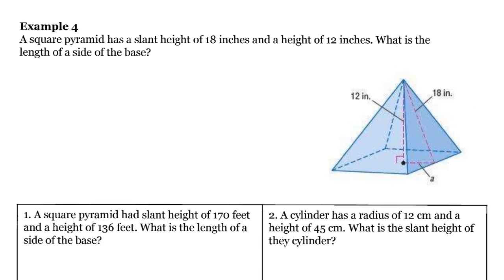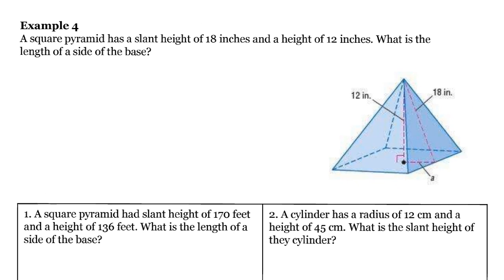So the square pyramid has a slant height of 18 inches. So remember, we already said our slant height is our C. Our slant height is our hypotenuse. Okay, and a height of 12. So that's going to be a leg. What is the length of a side of the base? So we want to find a whole side of the base.